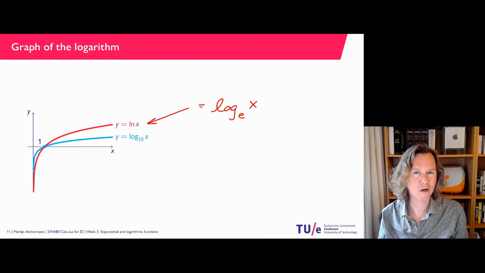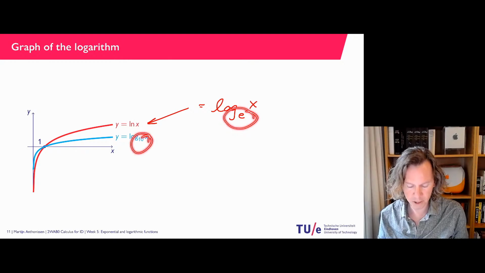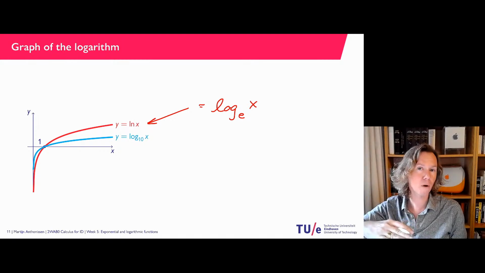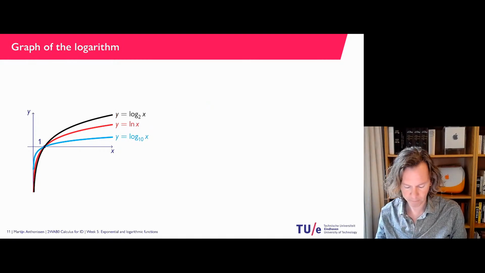We normally don't write that, we always write ln, but I just want to make clear that where it says e here, if you make that a 10, it will still have the same shape. It will also go through this point x equals 1, y equals 0, but it will go to infinity a bit slower. So you see that the blue graph is below the red graph.